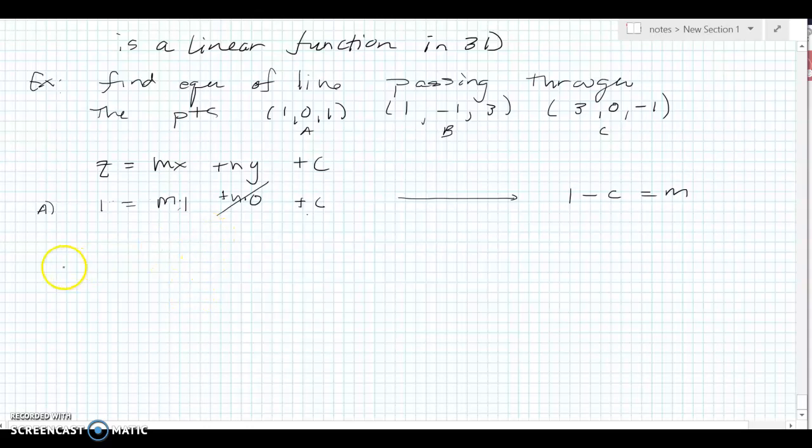I can plug in, say, point C. Z is negative 1, and there's the m, x is 3, plus there's the n, y is 0, and there's plus c.